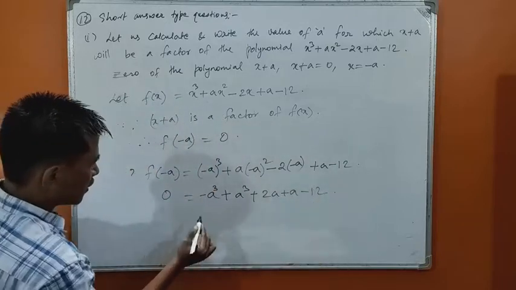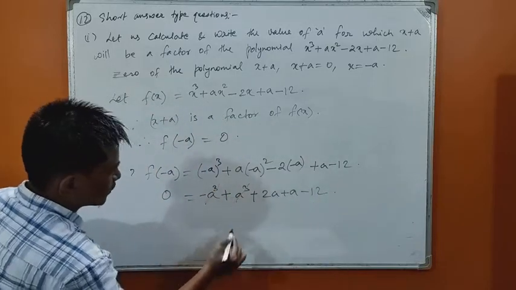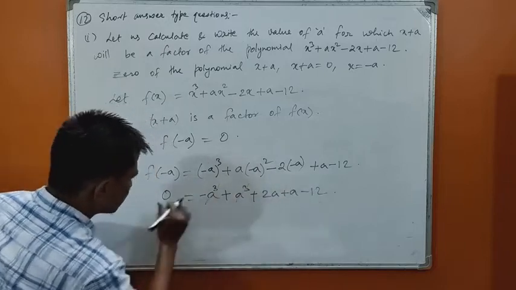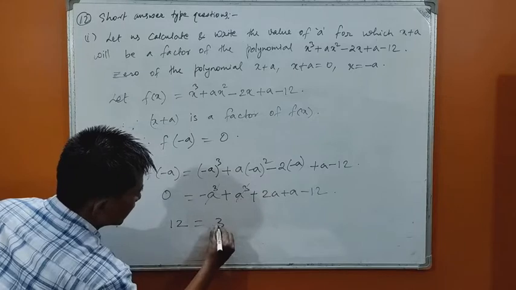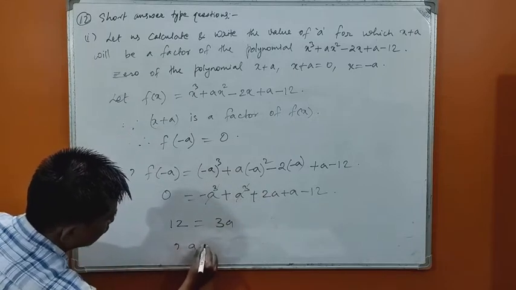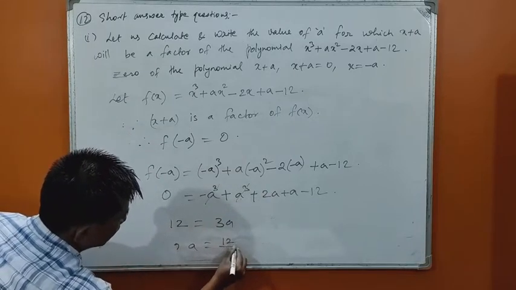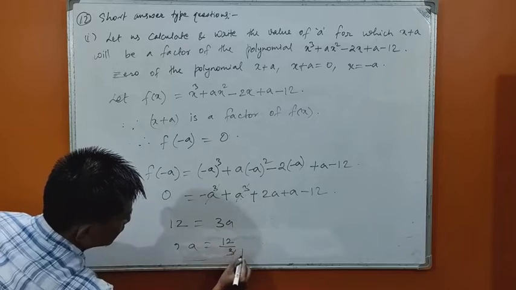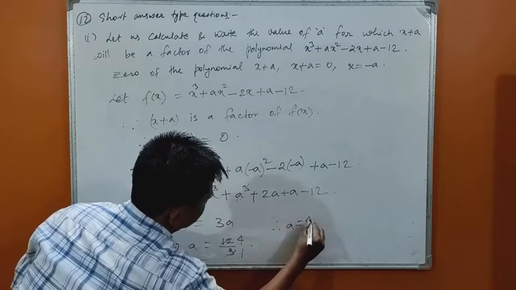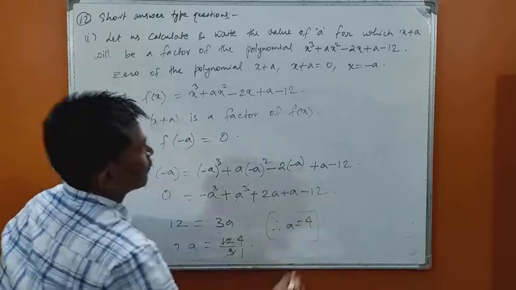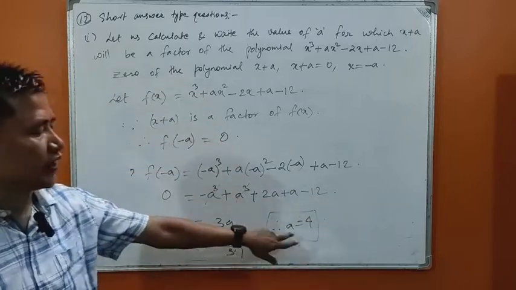Now minus a cube plus a cube cancels out, and minus 12 we bring to the left hand side, becomes plus 12 equal to 2a plus a is 3a, or a equals 12 upon 3, the 3 comes in the denominator. 3 fours are 12, isn't it? Therefore a equals 4. We were asked to find the value of a, and the value of a is 4.